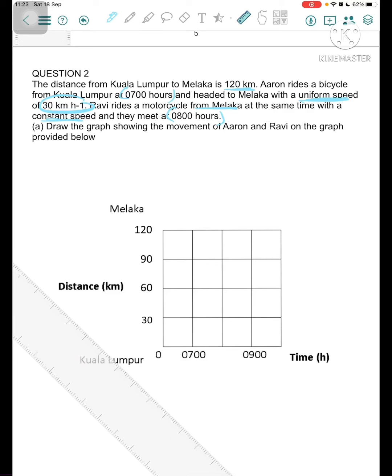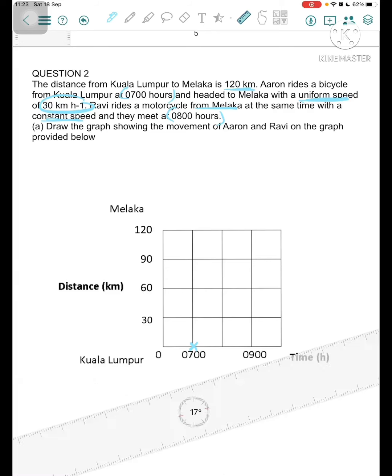Okay. The question A. Draw the graph showing the movement of Aaron and Ravi on the graph provided below. Okay, so the statement stated that Aaron rides a bicycle from KL at 7 hours. So he should be here. This is his starting point. And then he headed to Melaka with a uniform speed of 30 km h-1.